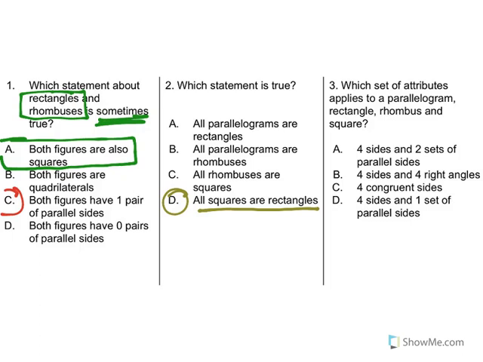Let's look at question 3. The correct answer was A. The question asked which set of attributes applies to a parallelogram, a rectangle, a rhombus, and a square. So let's see. A says 4 sides and 2 sets of parallel sides.